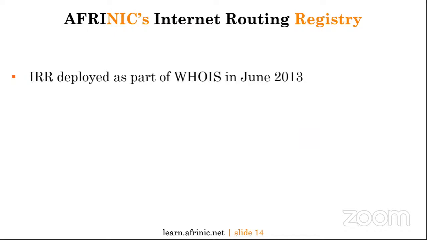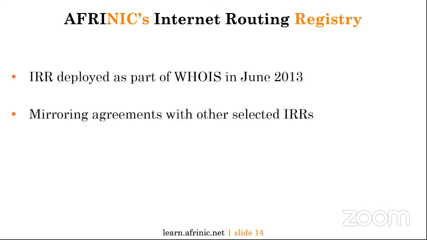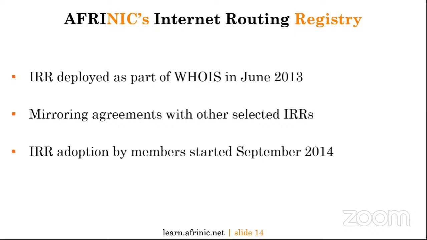So now you have all your objects in one central repository; it's not scattered all over the place. And like I said earlier on, you have mirroring agreements with other selected regional IRRs, some via daily dumps and some real time. Adoption of the registry by members started back in 2014. And most of all, it is a free service that we offer.